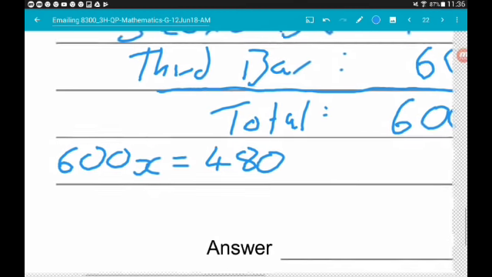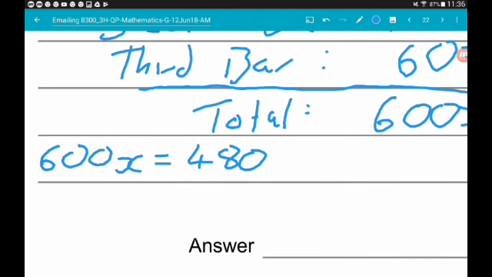If we divide by 600, we get x is 0.8. Okay, so now we know what x is, we can work out how many cars the first bar represents.